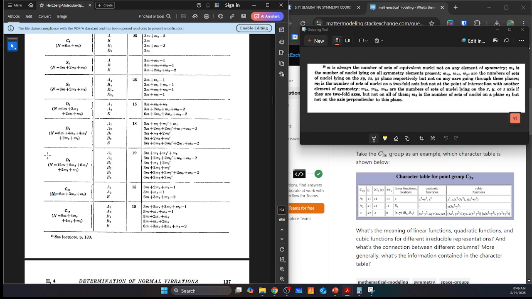And the -3 of that is actually the number of translations, i.e. it literally moving in space. And then the 3 more of those are rotations. And so for a nonlinear molecule, we do 3N minus 6, and that's your number of total vibrational modes. This is that same N number that you would plug into that. So it's just the number of atoms.